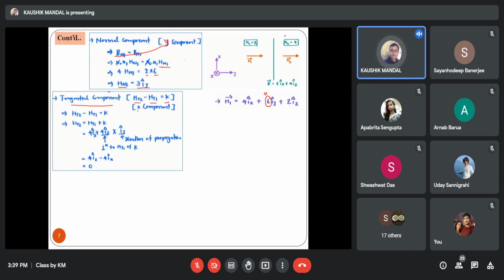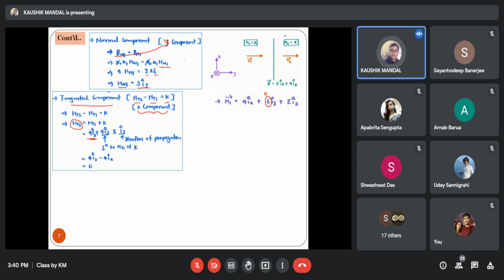First, we are considering how we can determine the x component, the tangential component along x. The basic equation from the boundary conditions is Ht2 minus Ht1 equal to K. We have to find this Ht2 for the x component. So Ht2 equals Ht1 plus K. Now what will be this Ht1?